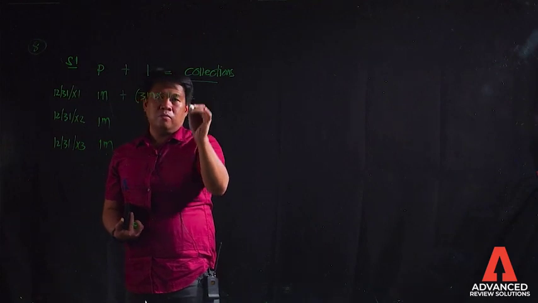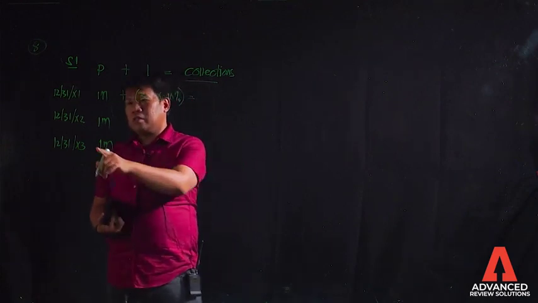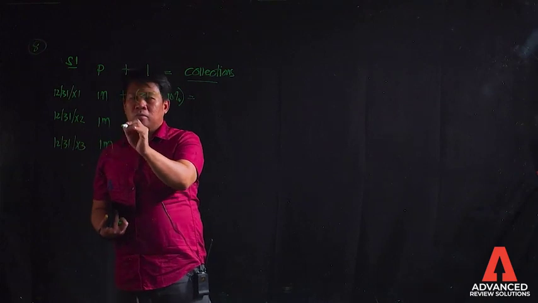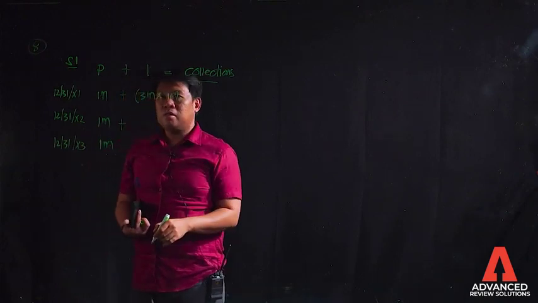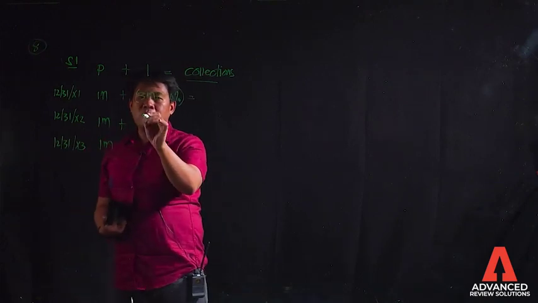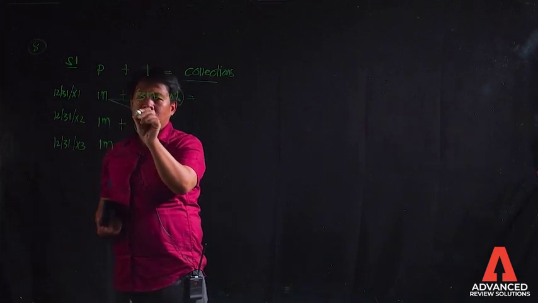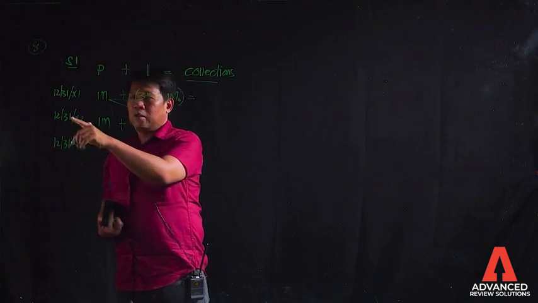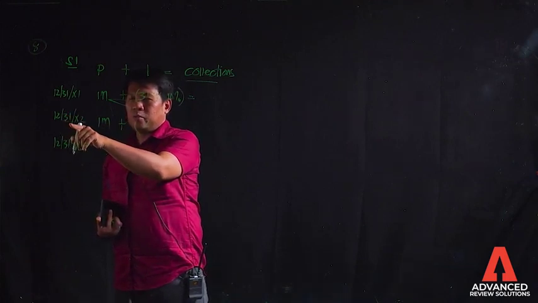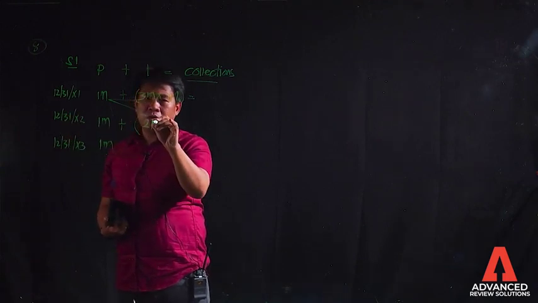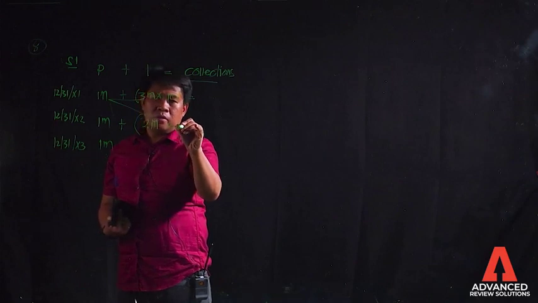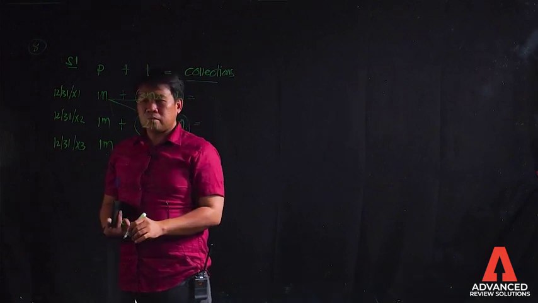Okay? Yan po yun. While in this 20x2, 1 million plus interest on the outstanding principal balance. The outstanding principal balance here is not anymore 3 million kasi may nag-mature na 1 million. So meaning, January 1, 20x2 to December 31, 20x2, the outstanding principal balance is 2 million times 10% nominal rate.